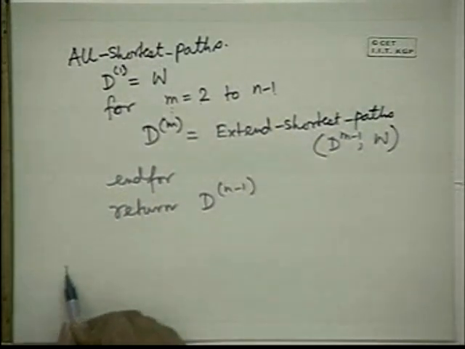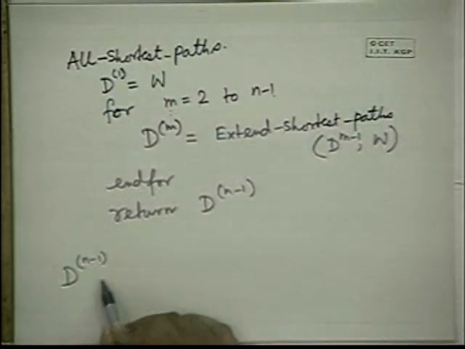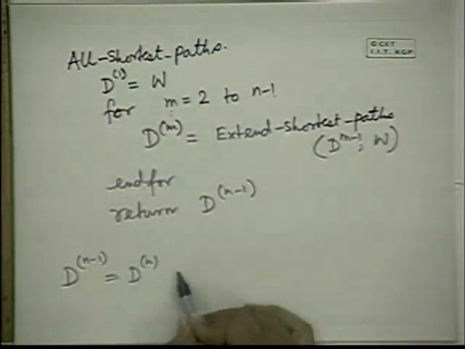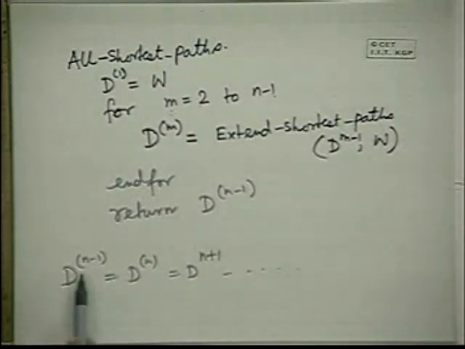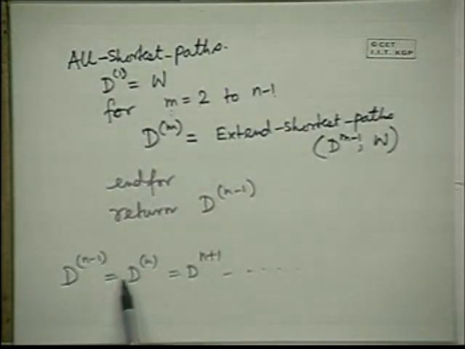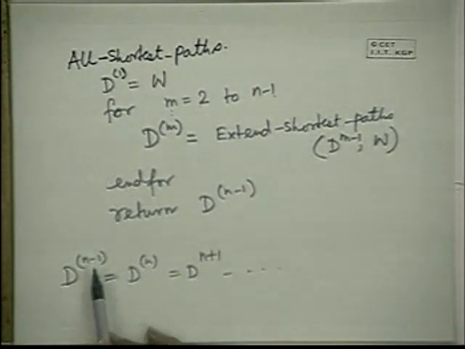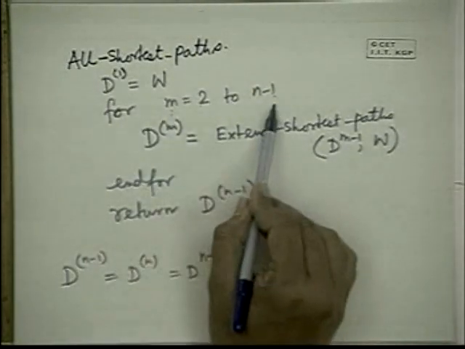And what I just said is Dn minus 1 is the same as Dn, the same as Dn plus 1, it goes on, it does not change. After n minus 1, if you go on multiplying W with Dn minus 1, you will get a matrix which is the same. So we need to go only up to n minus 1.